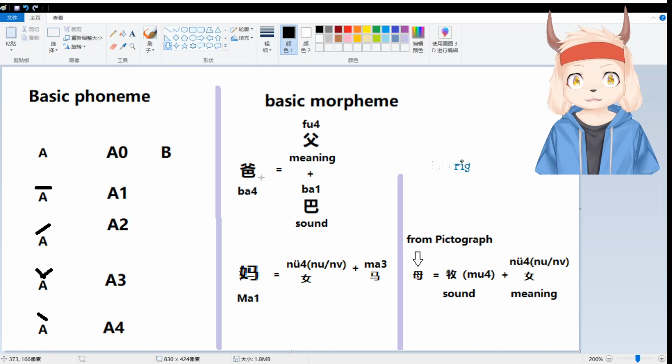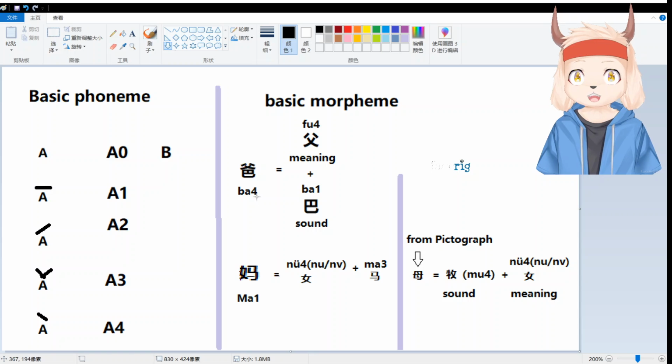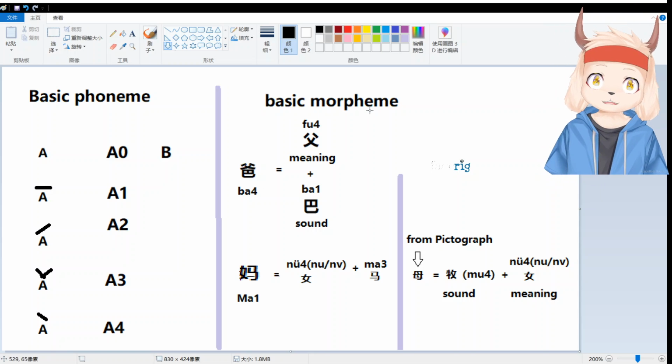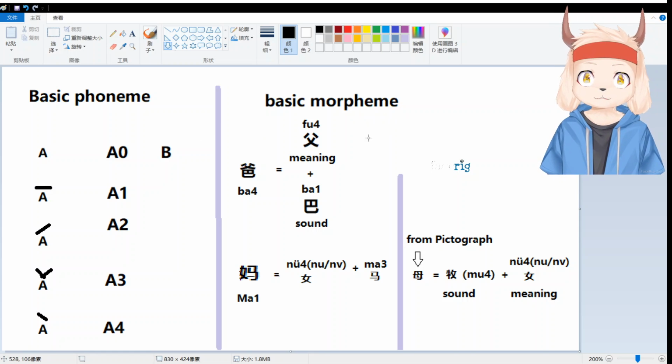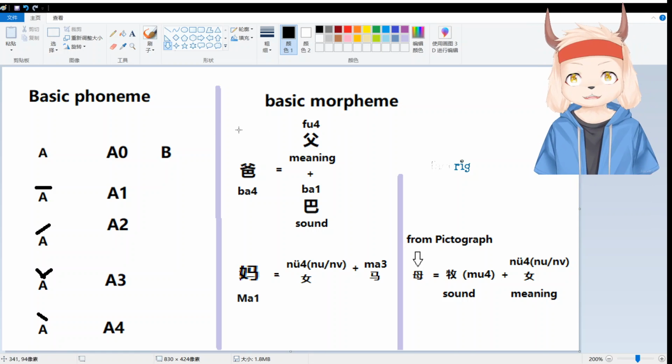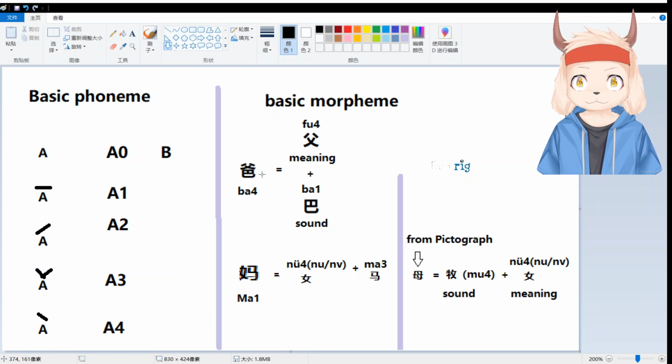Like this. This character means father, and it's pronounced in Mandarin as ba. And here I have written a basic morpheme. A morpheme is like the fundamental unit of a linguistic structure. For example, this ba is made of 2 components.